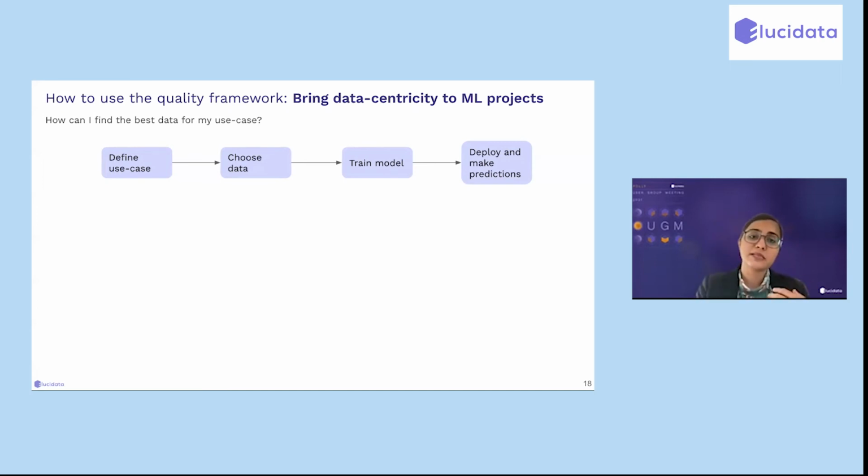And what that means is, in a typical ML project lifecycle, where you start by defining your use case, choosing the data, training the model, and then deploying the model and making predictions or generating new knowledge, most of the time is actually spent on data, but most of the discussion spans training the model. So knowing that quality of data is critical, and there is a spectrum to quality of data, and some parts of it can be improved.